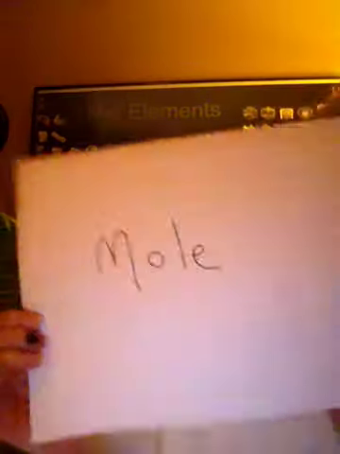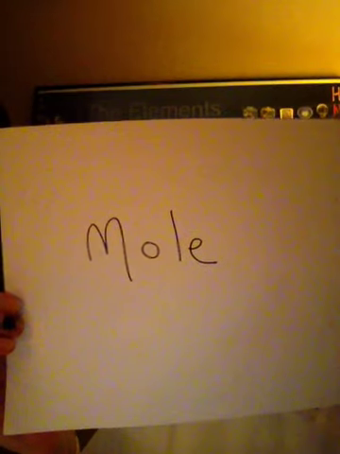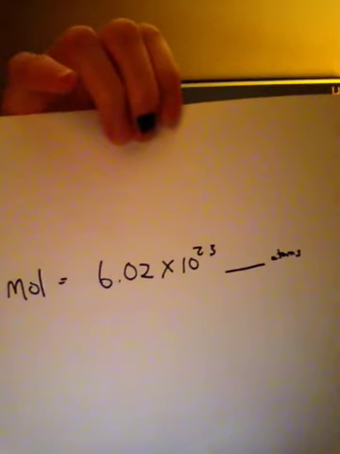The other point of confusion that comes into play is the understanding of the definition of the mole. It's essentially a number with a fancy name, and that number is 6.02 times 10 to the 23rd.